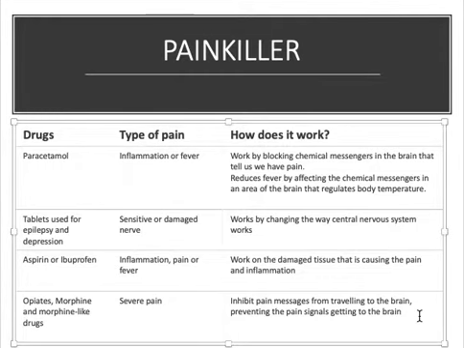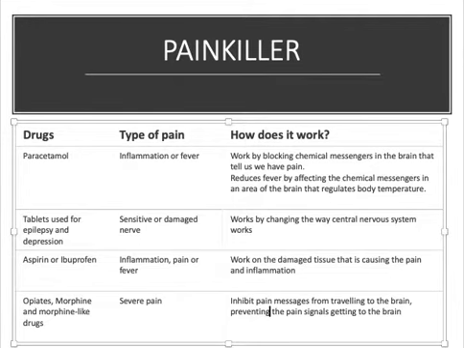Okay, so morphine or opiates, what they do is they close the gate so that the pain message do not travel to the brain, so we don't really perceive it as pain. So this supports gate control theory.